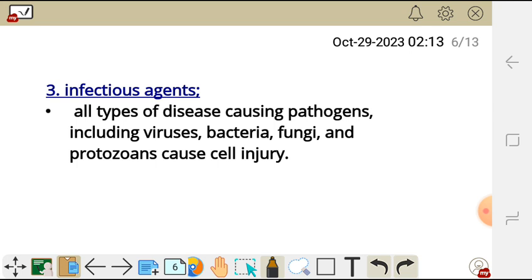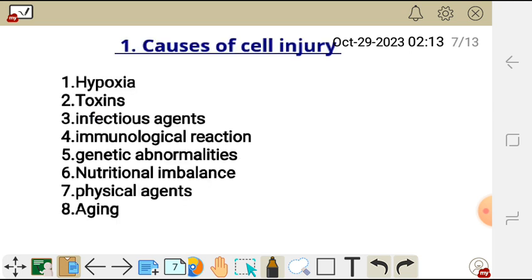Then apart from infectious agents, we have other causes, which are immunological reactions, genetic abnormalities, nutritional imbalance, physiological agents, and aging. Immunological reactions here, we're talking about autoimmune reactions, allergic reactions. Those can cause cell injury.